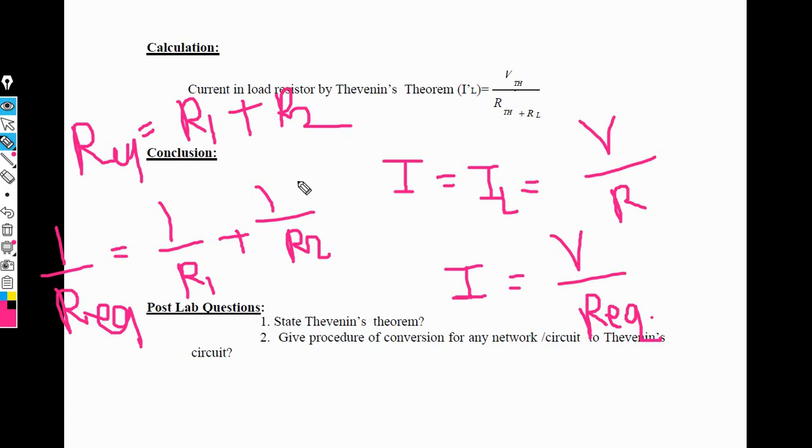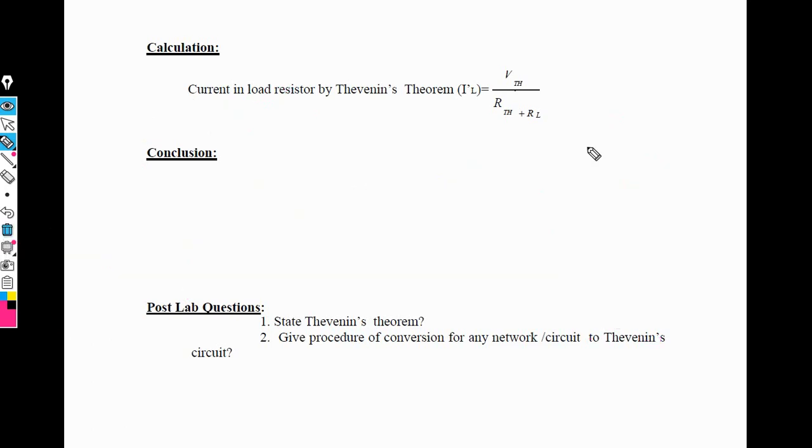Initially we opened the branch AB, where the resistance is RL.